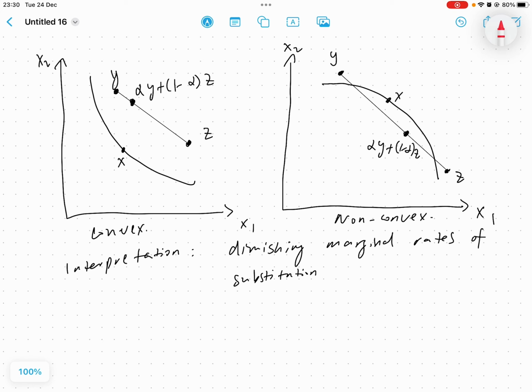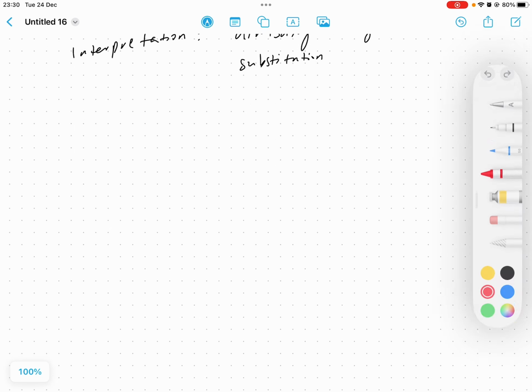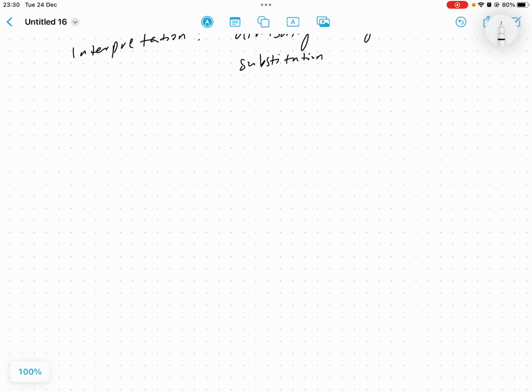Next, let's introduce a relevant property, which is called strict convexity. This would be definition 3.B.5.